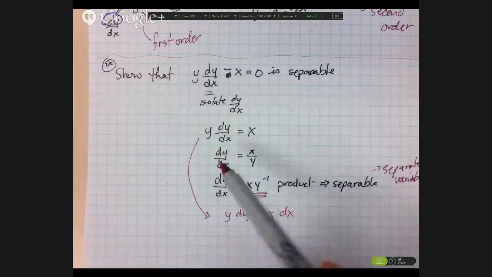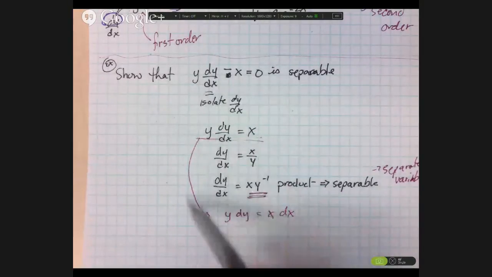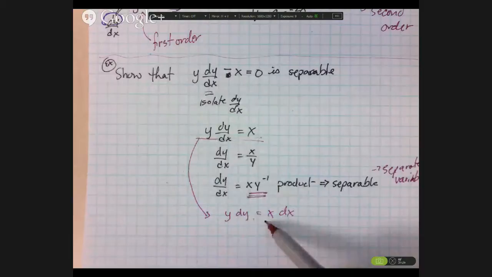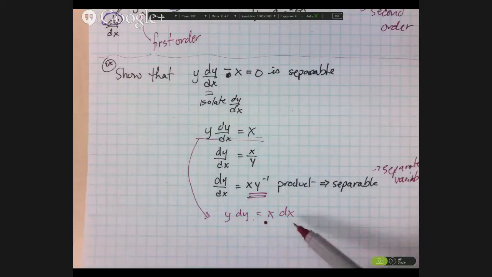So from this step here, I can show that it's separable as well. This is what you'll need for the general solution.